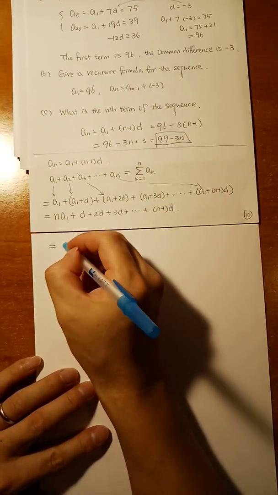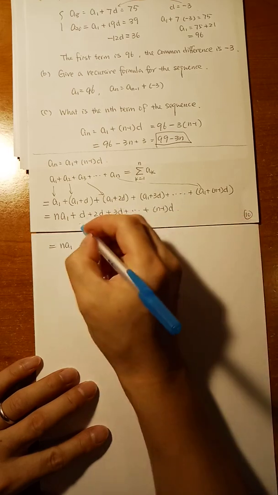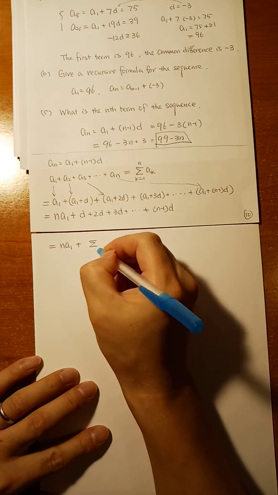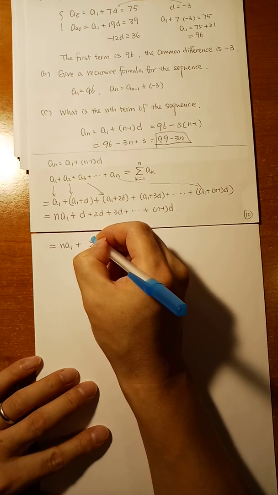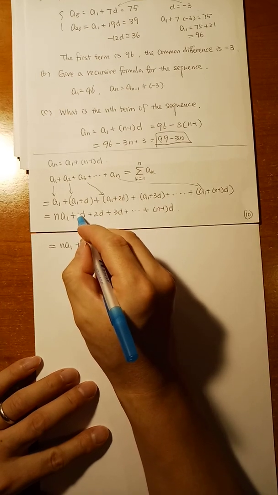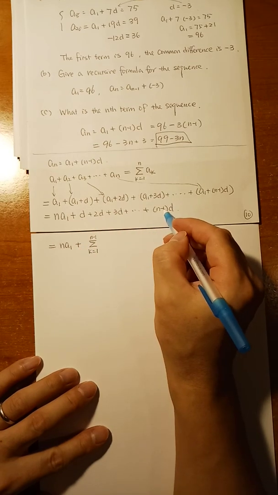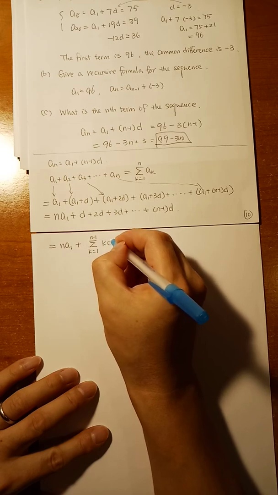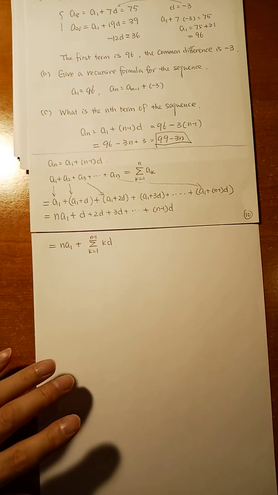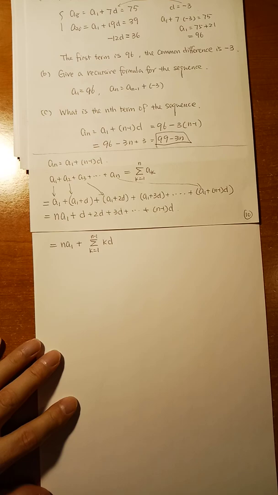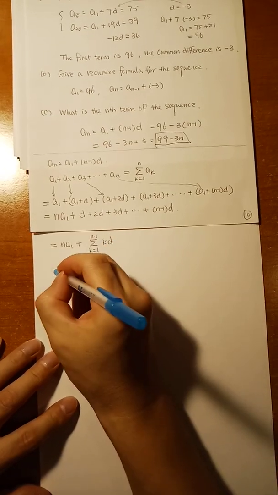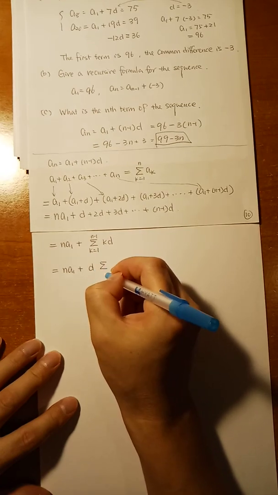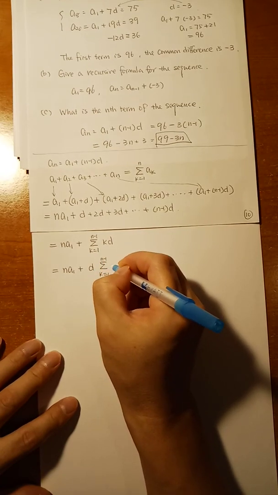N times a1 is already simple enough. So this one, I'm going to write with sigma, k from 1 to n minus 1. The coefficient goes from 1 to n minus 1, so the top number is n minus 1. It's k times d. D is a constant, so you can move d forward: d times the sum of k from 1 to n minus 1.